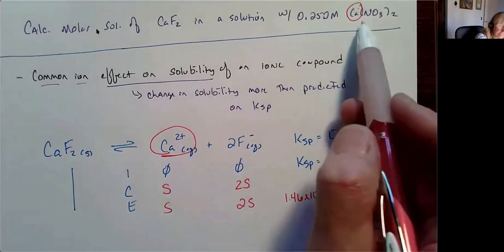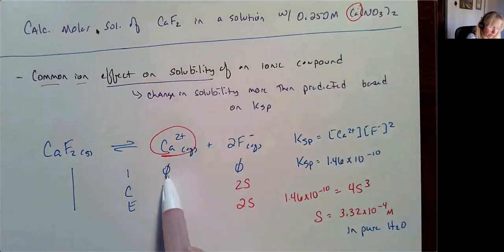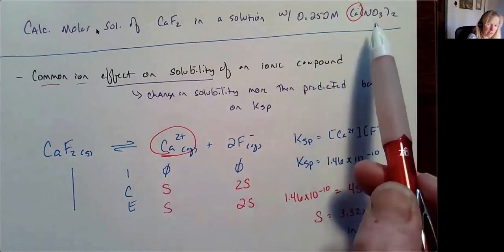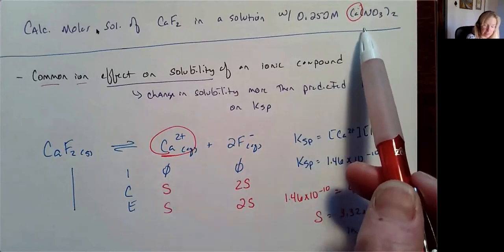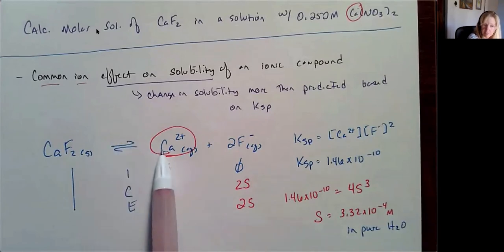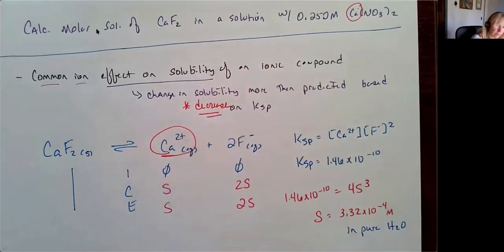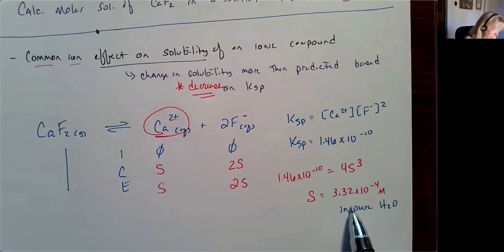The nitrate's not going to do anything, but the calcium, now I can't start with 0 concentration of calcium because I have some calcium ions already in solution. And if I have calcium ions already in solution, that's going to decrease my solubility. So I'm going to see my change in solubility is a decrease if I have a common ion effect. A decrease, so my molar solubility is going to be even smaller than this.